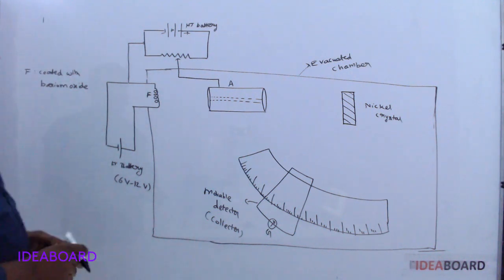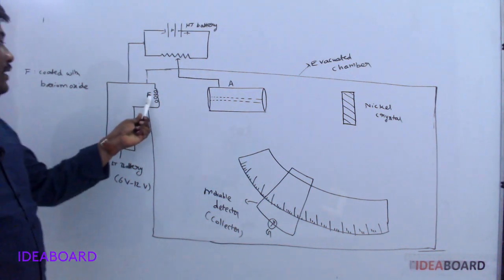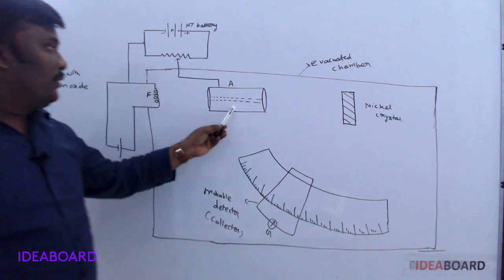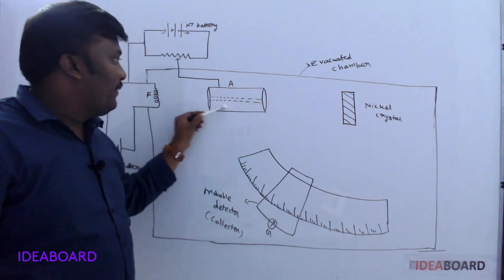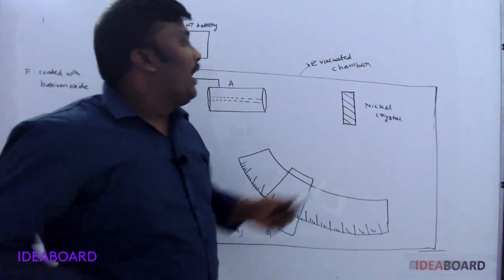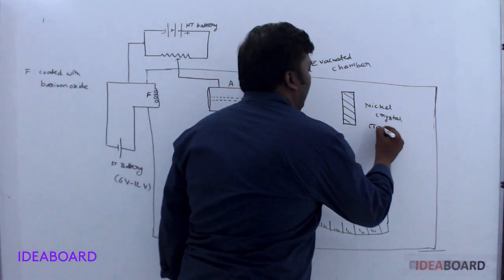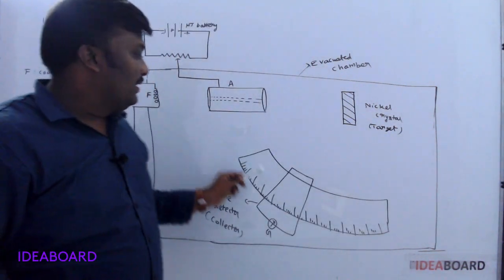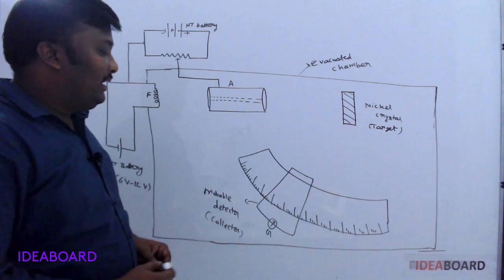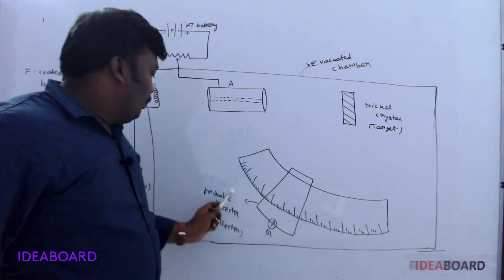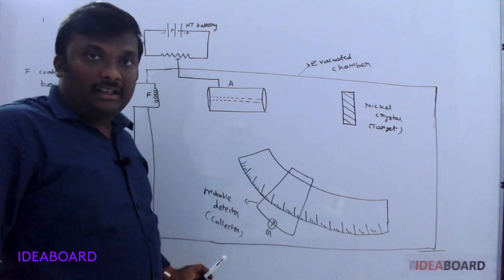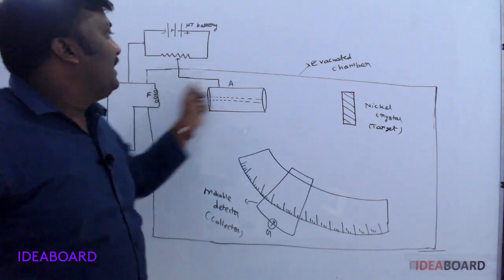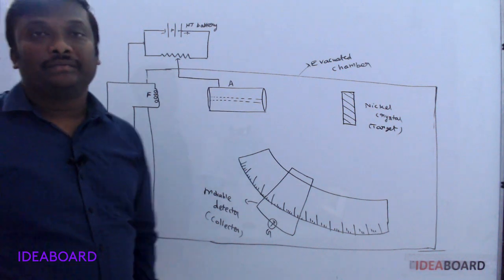So in this experiment, we have one filament connected to the low tension battery, one anode with a small hole along its axis, and a nickel crystal as the target. We have one graduated circular scale with a mobile detector called the collector, which has the galvanometer G. The entire chamber is evacuated.